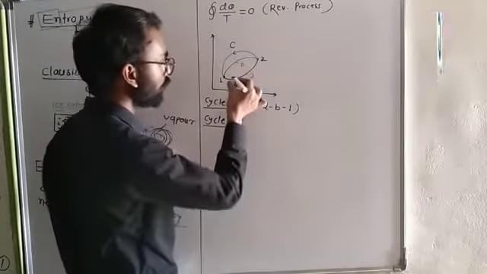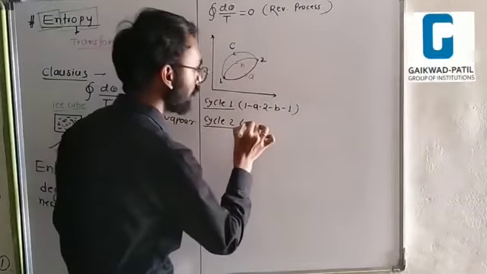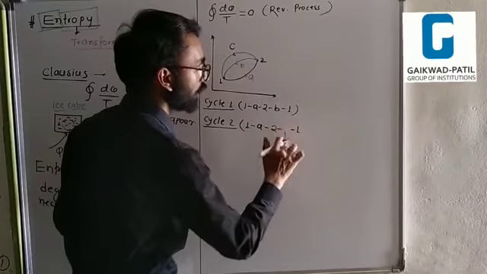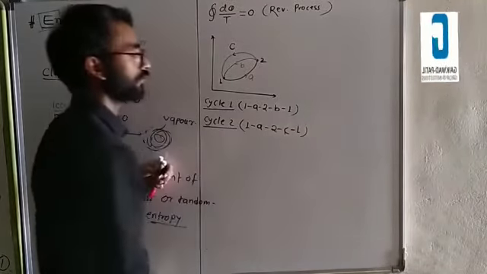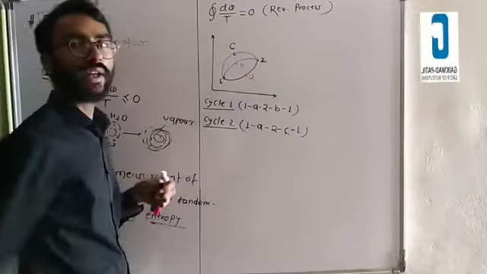Now say 1A2 is one process and 2C1 is the second process. That means 1A2C1 is the next cycle. Now write this equation for cycle number 1 and cycle number 2.